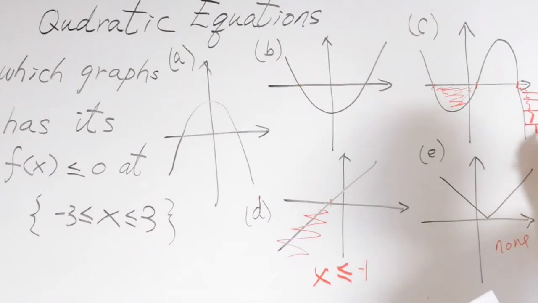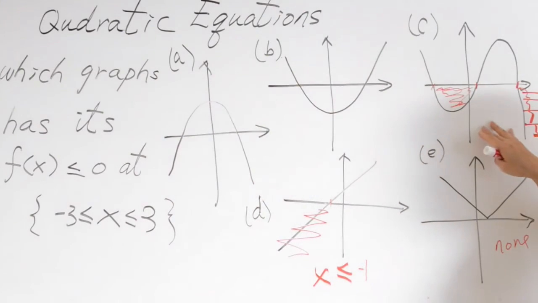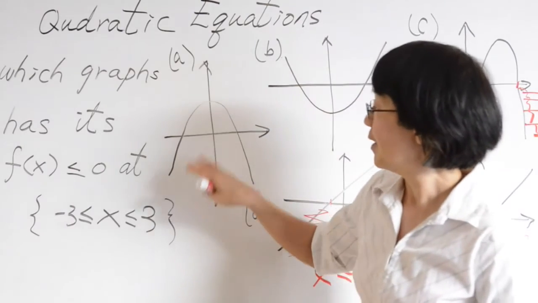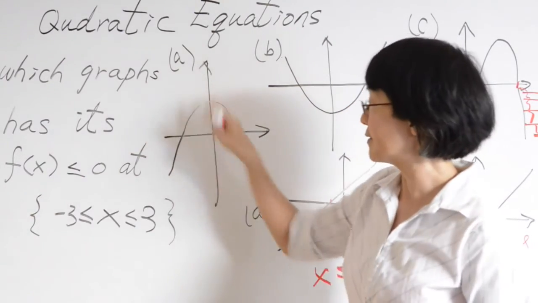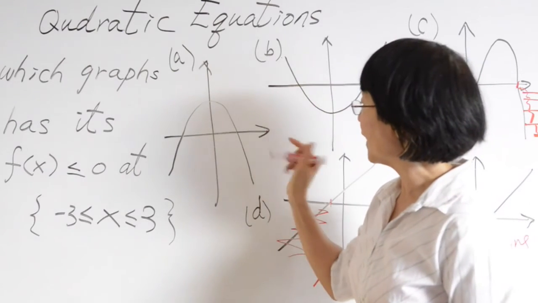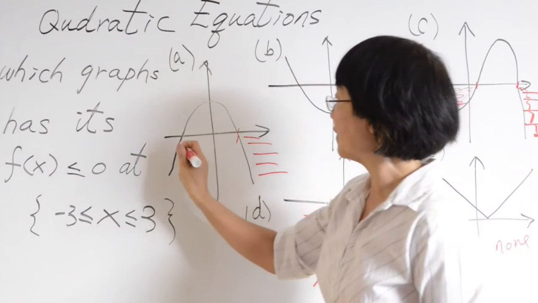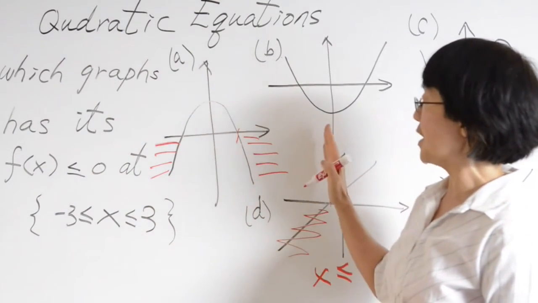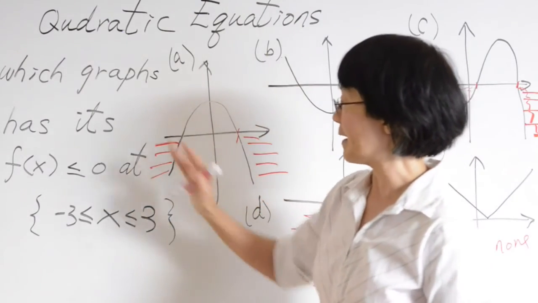All this here and all this here. So this is not the right description of that, correct? Now, let's look at this one here. For it to be smaller than 0, which part is it in this graph? Is anything after this value here? Or anything there? So that means x has to be greater than 3, or x greater than a number, say 3, or smaller than a number.